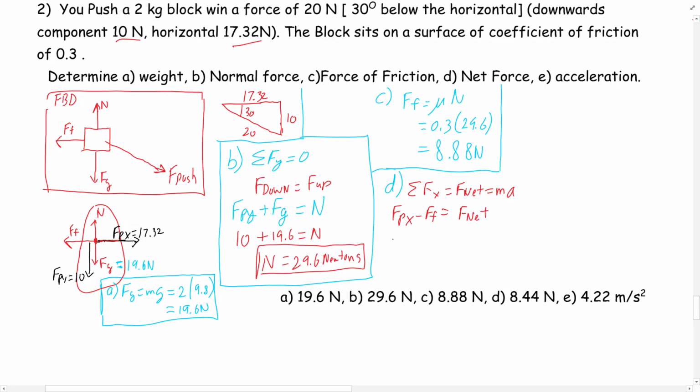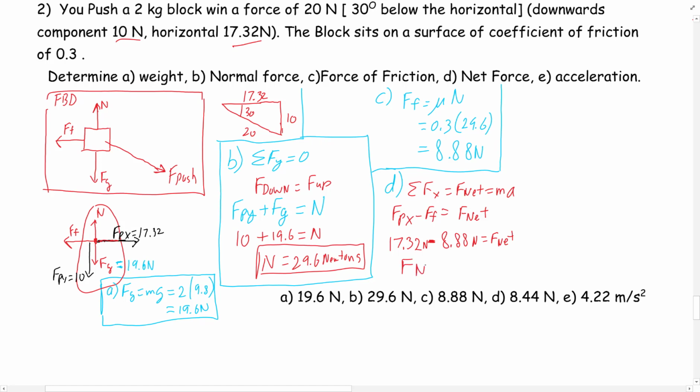And the force of push in the X is only 17.32, not the 20 that it was last time, minus the force of friction, which is higher, 8.88 newtons. That's F net.